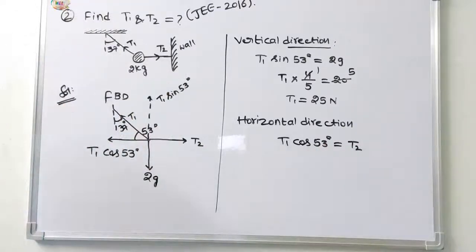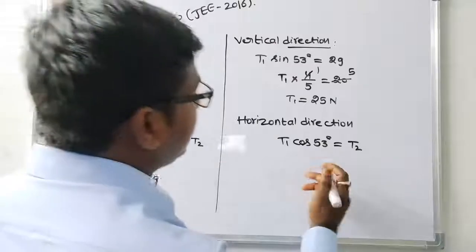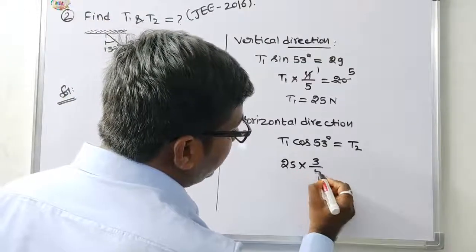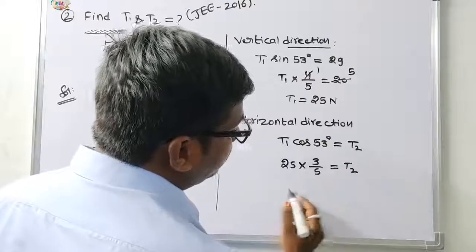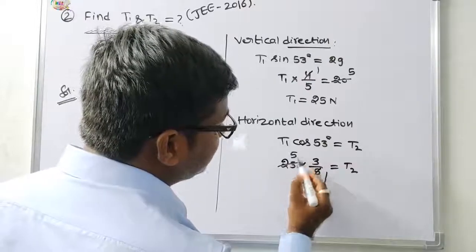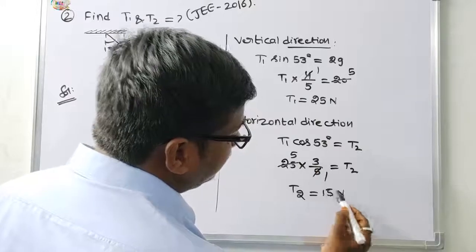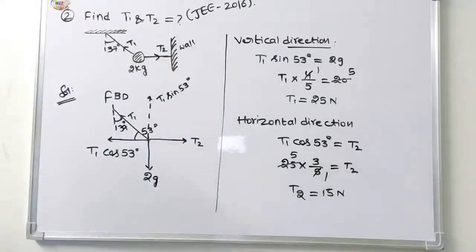Here T1 is equal to 25, and cos 53 is 3/5. So 25 into 3/5 is equal to T2. 5 ones are 5, 5 fives are 25, then T2 is equal to 5 threes, 15 Newton. This is the T1 and T2 values.